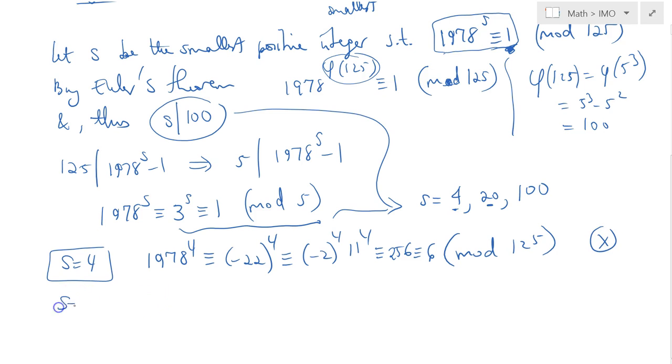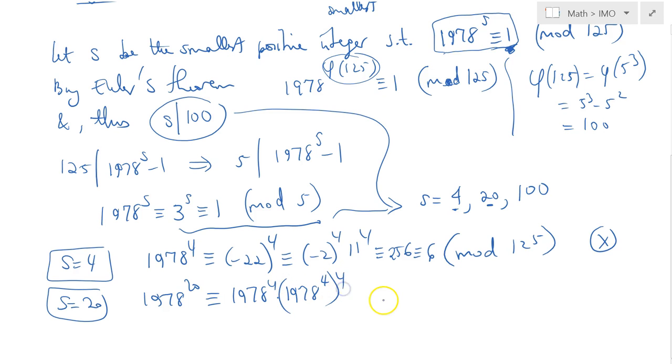So similarly for s equal to 20, 1978 to the 20th power is the same as 1978 to the 4th power raised to the 5th, but then I can split it as 4 times 5, and that's simply congruent to 6 raised to the 5th power, that is 6 times 6 to the 4th power.